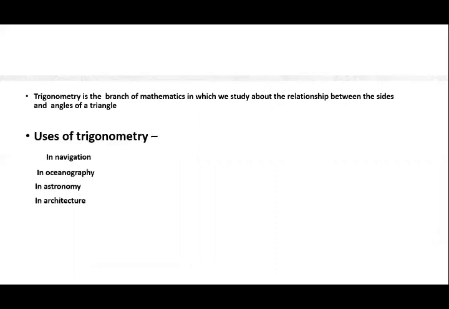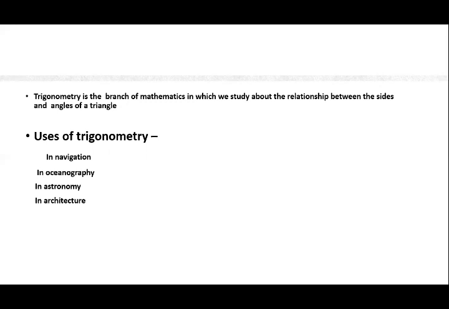So what is trigonometry? Trigonometry is a branch of mathematics in which we study the relationship between the sides and the angles of a triangle. Now, we can see so many applications of trigonometry in our daily life. Trigonometry is used in navigation. Whenever we have to locate the position of a ship or a boat, we always take the help of trigonometry.